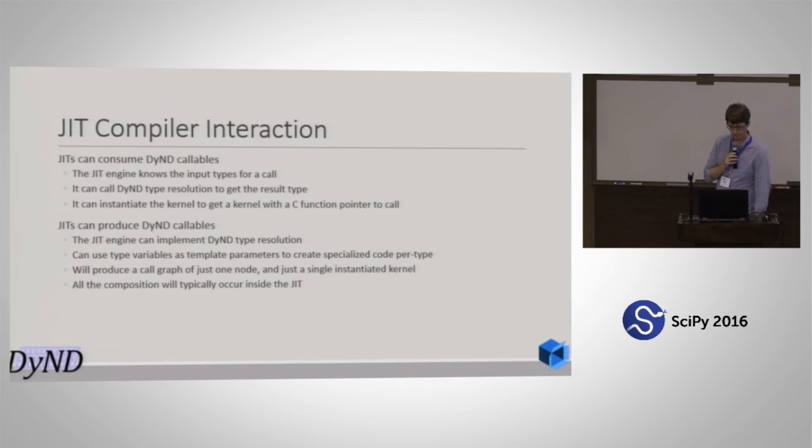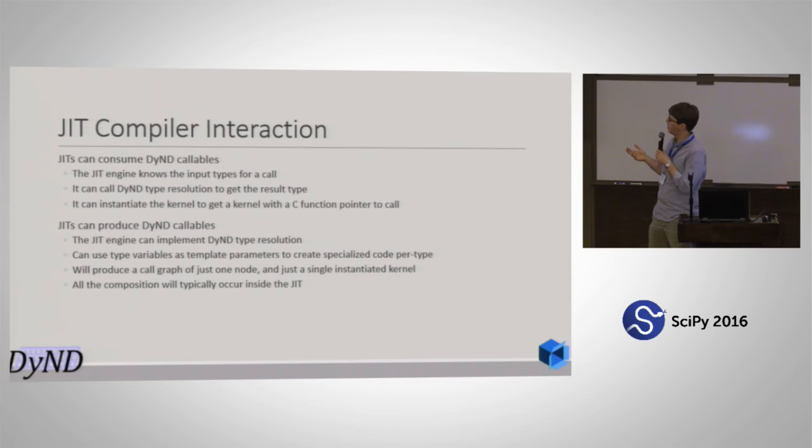Another topic that's, I think, very important for specifically Python and dynamic kinds of things is JIT compilation. The way that this is structured is JITs can both consume and produce these callables. The JIT will need to be plugged into that type resolution system.